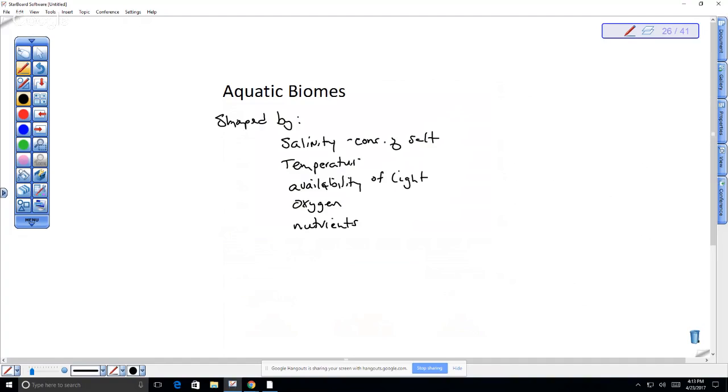And nutrients are important too, because in water the organisms die or defecate. Think about animals pooping in the water, and all those nutrients will settle down to the bottom. So how do you get those nutrients back up to where the light is so that organisms can use the nutrients and the light to become productive?